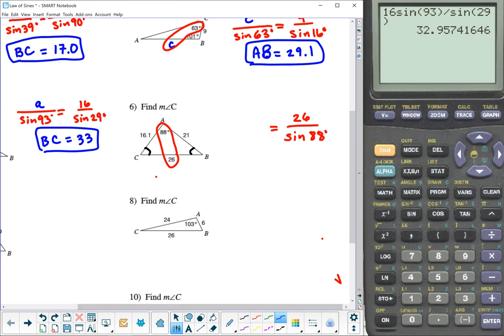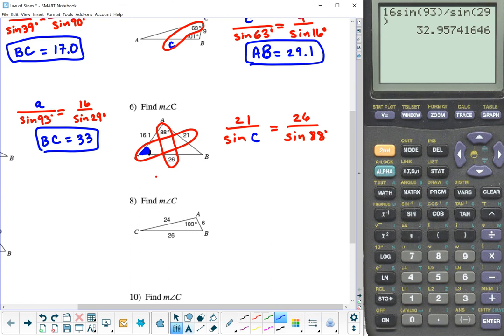What are we looking for? C, huh? So we're looking for that down there. Okay, and we don't really care about this one, that angle. So the side opposite of that is going to be the 21. So we'll say it's equal to 21 over the sine of angle C. And luckily, I don't have to rename any of these because these are all the way it should be.